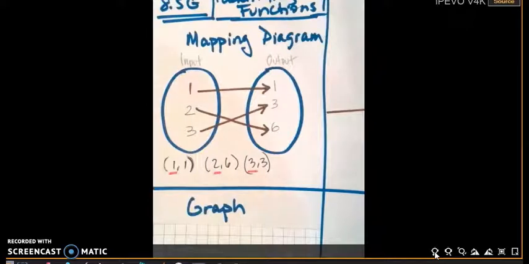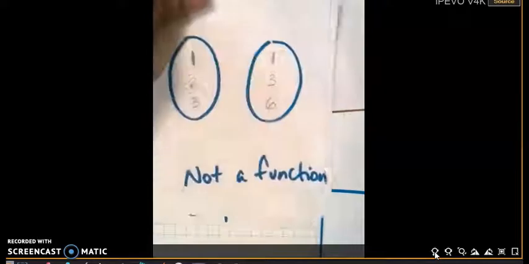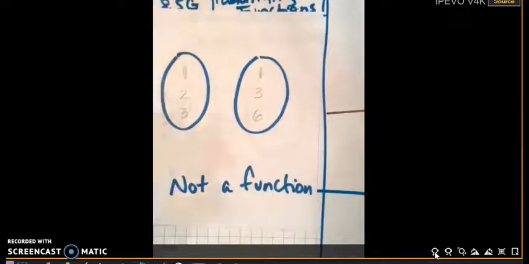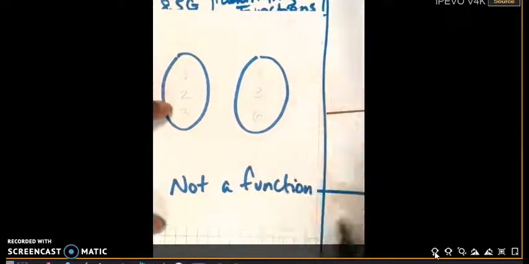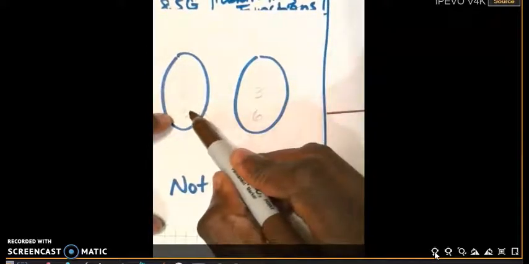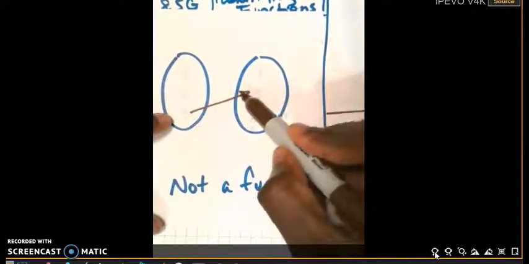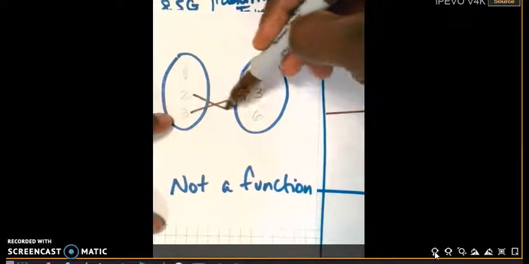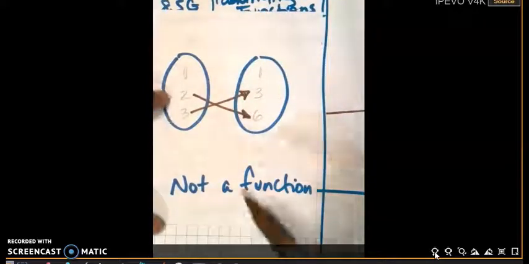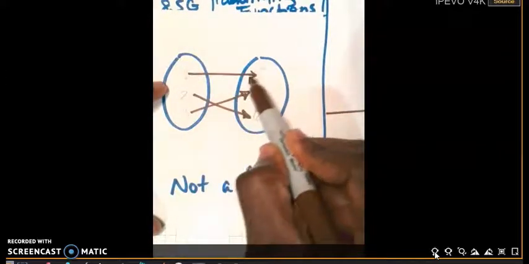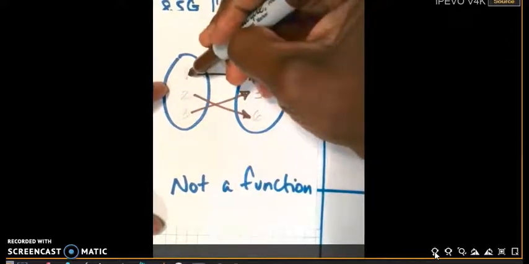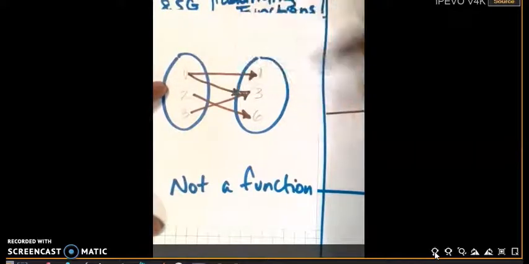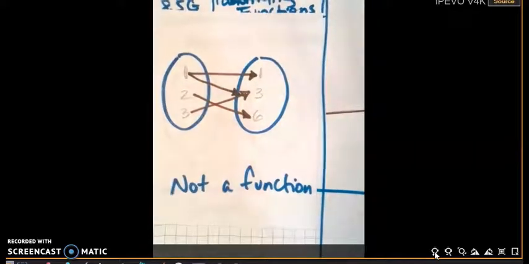Let's show you what would not be a function in a mapping diagram. I'm going to lay this over. What if we mapped 3 to 3, 2 to 6, and 1 to 1, and then took it a step further and also mapped 1 to 3? Let me pull out those ordered pairs.